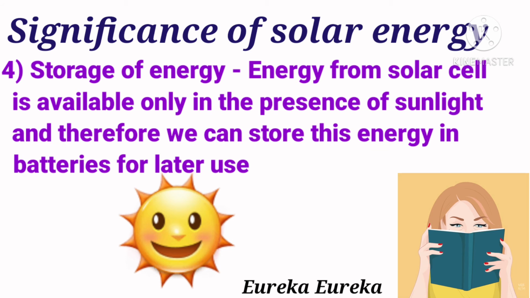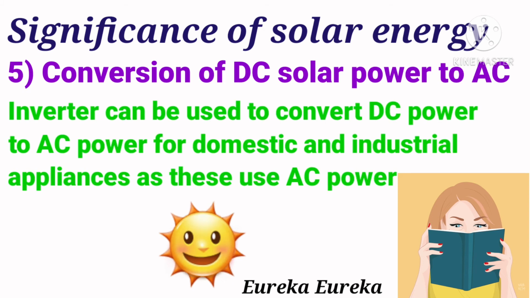Fourth, storage of energy. Energy from solar cell is available only during daytime, therefore we can store this energy in batteries for further use. Next is conversion of DC power to AC. Inverter can be used to convert the DC solar power to AC power.